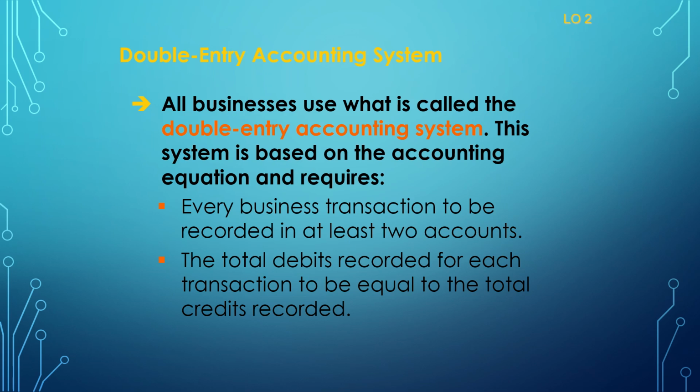So in this double entry accounting system, for every debit, there's a corresponding credit. Or if there's more than one for each side, one debit, two credits, or two debits, one credit, it's okay as long as the total of your debits is always equal to your total credits.